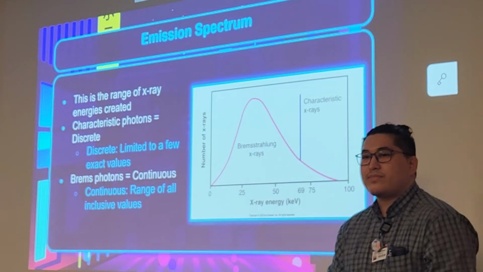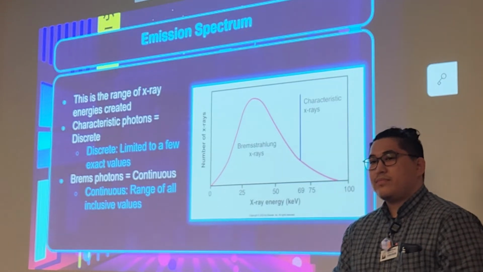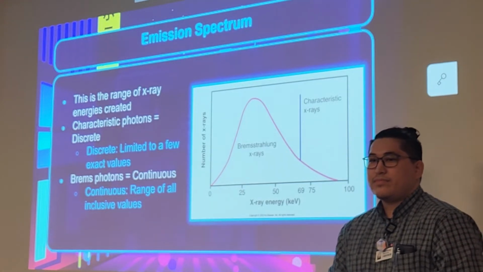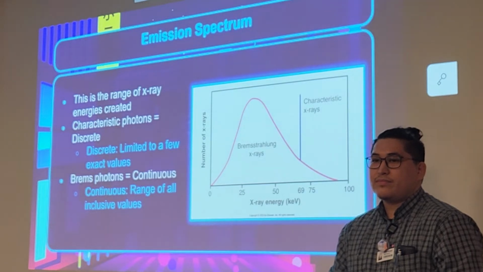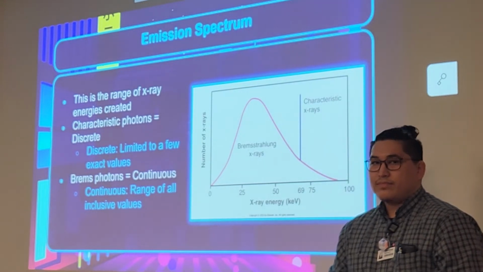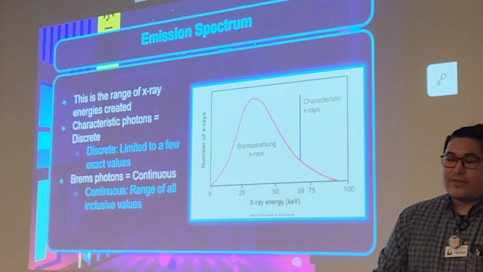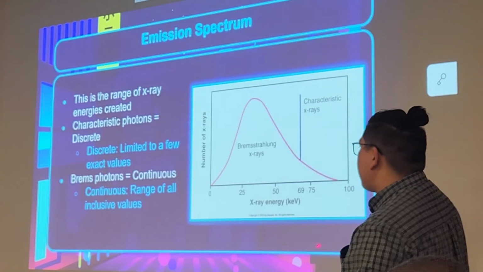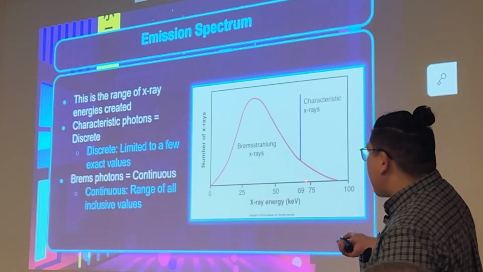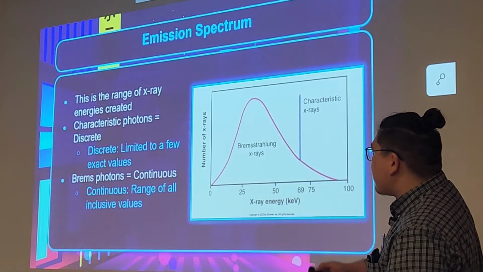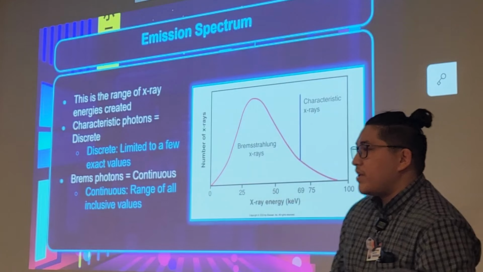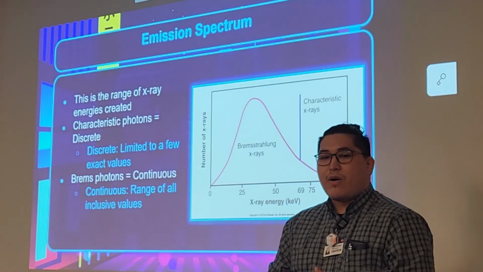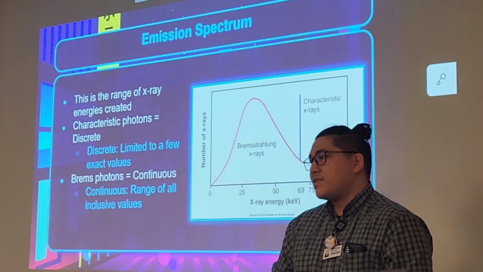Characteristic has a set value, and Bremsstrahlung depends on how much it slows down. Correct. The other one is always set numbers. Because it's a set number, it basically stays right here on whatever that value is. Bremsstrahlung can be either, it just depends on how hard it brakes when it gets near the nucleus.